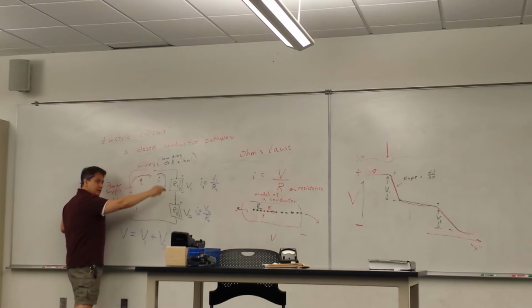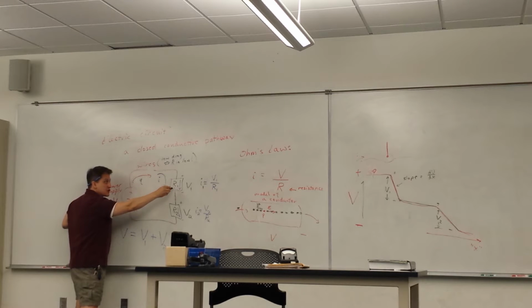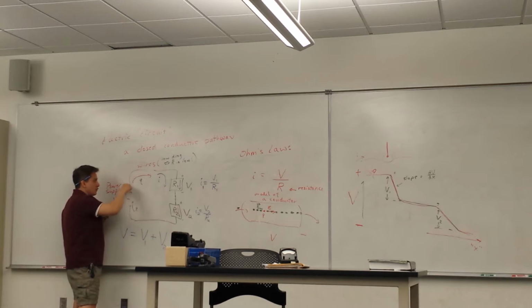So in a circuitous loop like this, whatever the current is here, it's going to be the same here, the same here, the same here, the same here. And ultimately, it's one continuous flow.